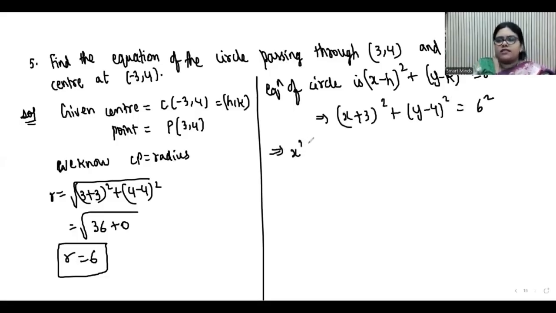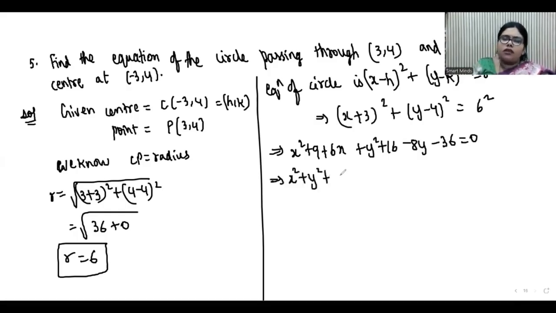So that is x square plus 9 plus 6x plus y square plus 16 minus 8y minus 36 is 0. So that is x square plus y square plus 6x minus 8y. 9 plus 16 is 25. 25 minus 36 is minus 11 equals 0. This is the final answer.